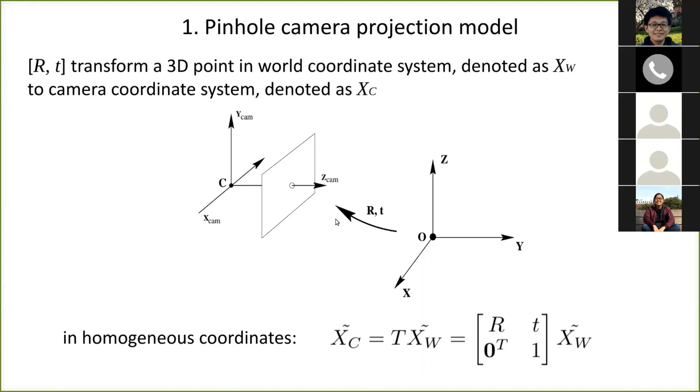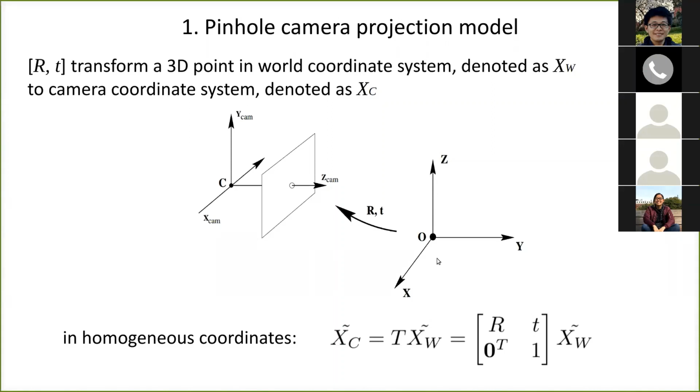The rotation means you rotate the coordinate axes in three different axes, x, y, and z. And the translation means you actually move the camera center or the origin of this coordinate system from one position to another.